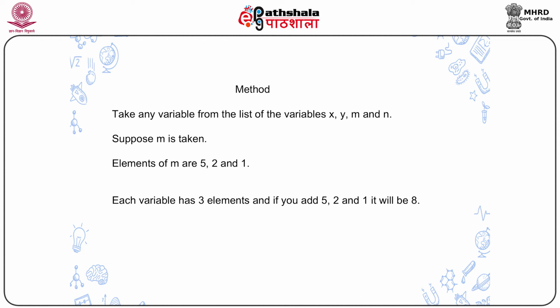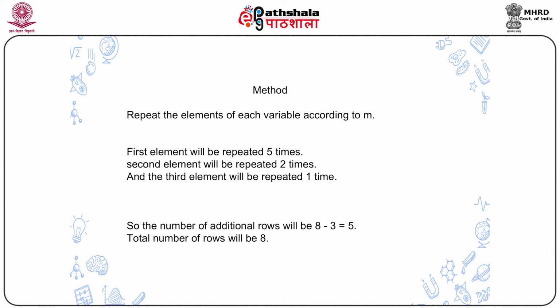Now each variable has 3 elements. If you add 5, 2 and 1, it will be 8. We will repeat the elements of each variable according to m. Like the first element will be repeated 5 times, second element will be repeated twice, and the third element will be repeated once. So the number of additional rows will be now 8 minus 3 is equal to 5, and the total number of rows will be 8.